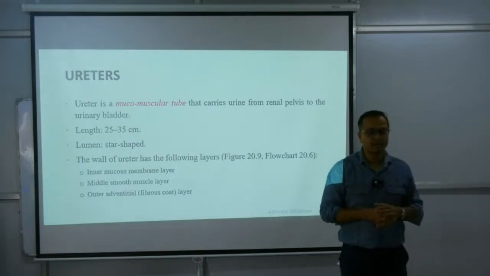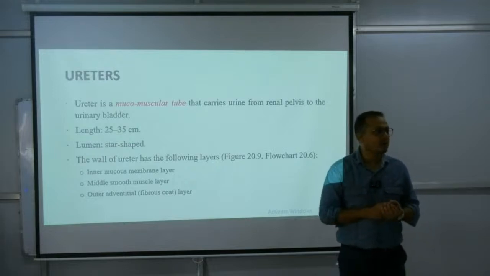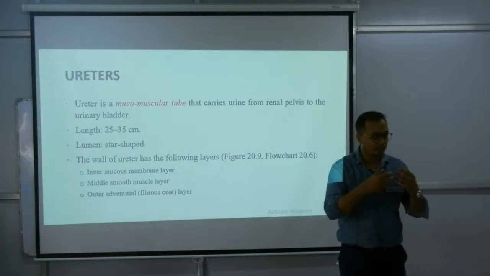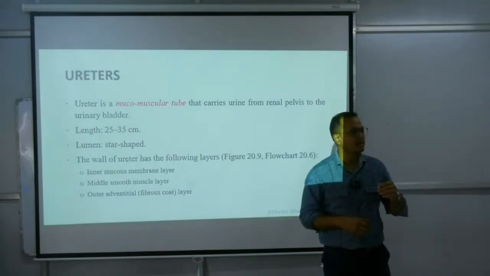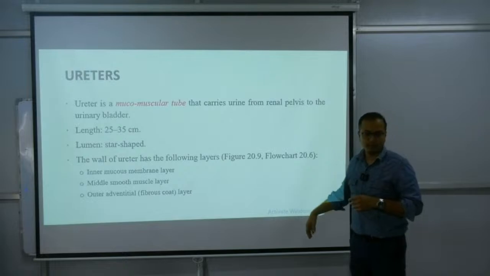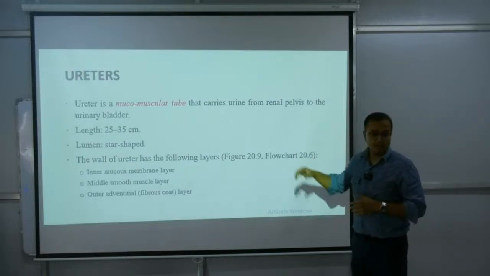It has plenty of muscles, and a movement is observed in it which we call peristalsis, because it has to transport the urine from the kidney down to the urinary bladder. Though gravity helps, it has its own peristaltic machinery to push the urine down.